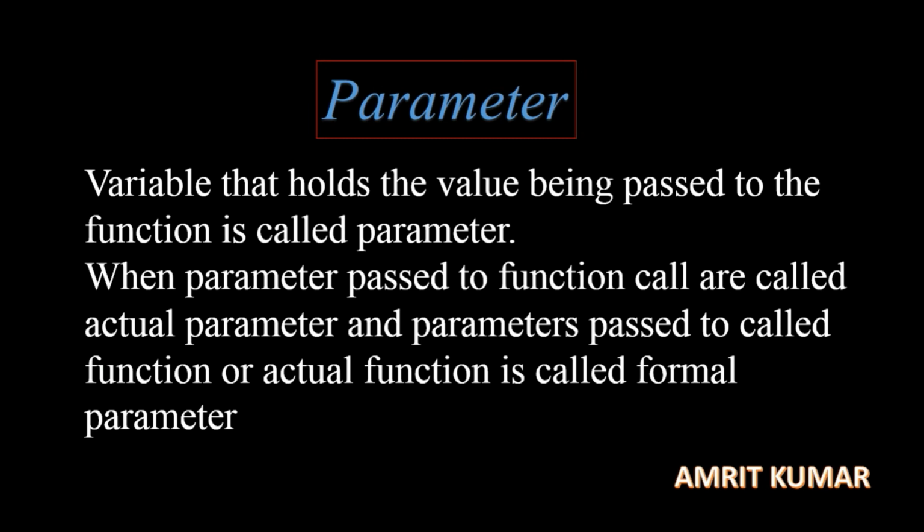Understand this point. Parameters passed in the function call, from where it is called, are actual parameters, and parameters received by the called function, or actual function, are formal parameters. That is so clear.